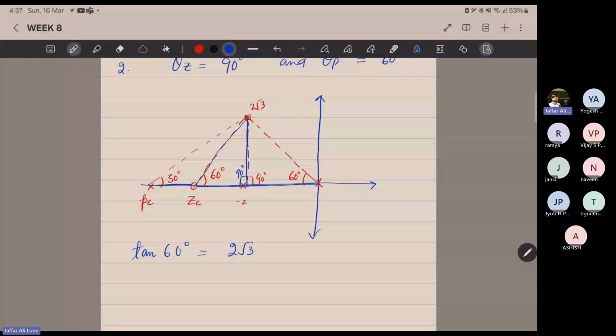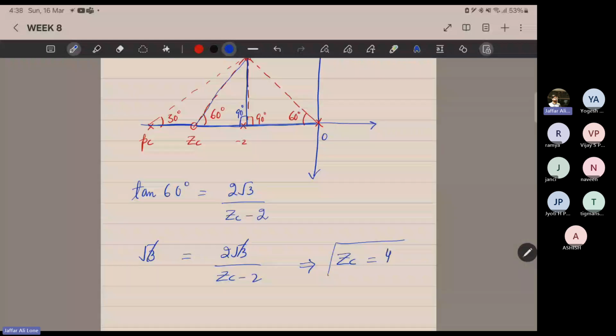I'm only concerned with magnitudes here, because I want to find the length. So this will be root 3 equals 2 root 3 divided by ZC minus 2. Root 3 and root 3 will cancel. It implies ZC is equal to 4. So this whole length is 4.